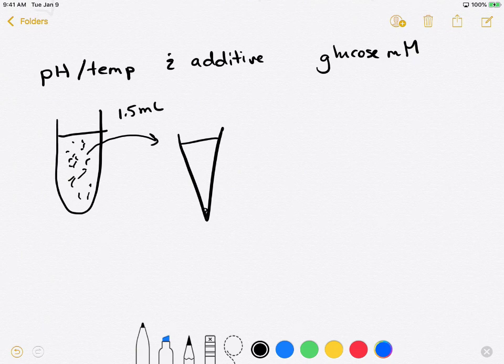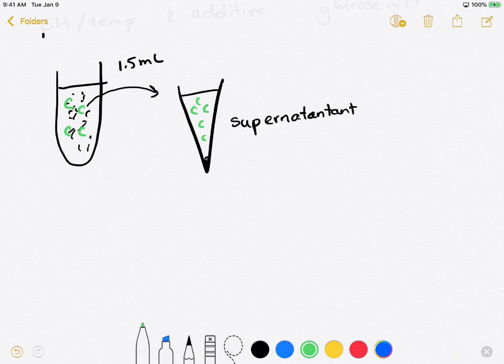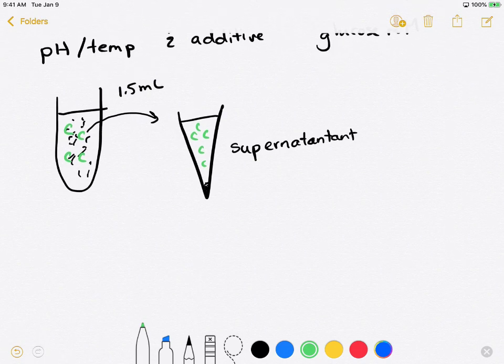This caused all the bacteria to go to the bottom of the tube, whereas all of the growth medium was there at the top in that supernatant. Again, what we hope had happened is that while the bacteria had been growing, they had been making the enzyme cellulase, and so in that supernatant, you had a whole bunch of cellulase activity.